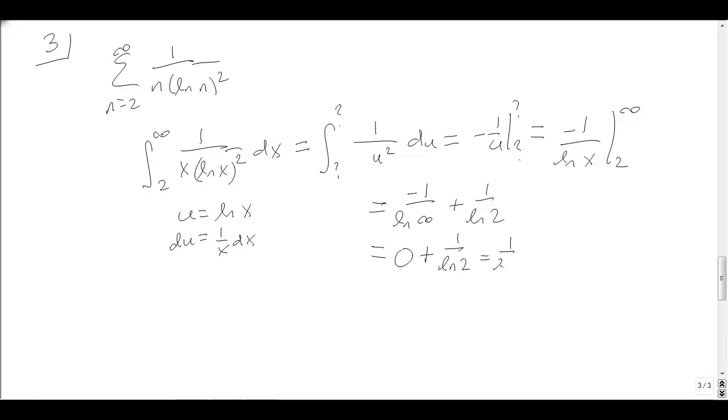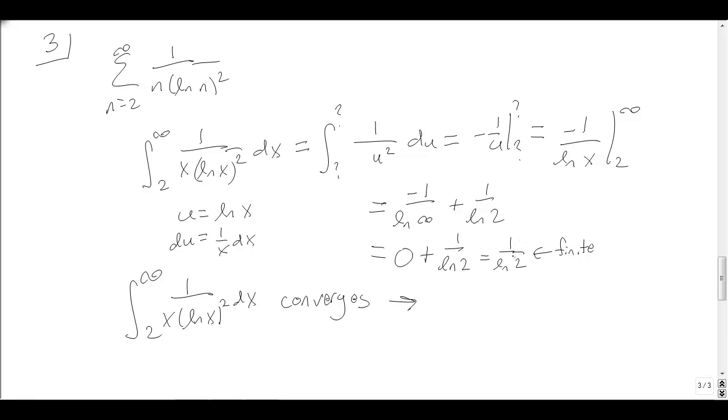So this whole thing is 1 over natural log 2. The key thing here is that this is finite. It did not go to infinity. And what that means is that the integral from 2 to infinity of 1 over x natural log x squared dx converges, because we got a finite value. This integral actually converges to 1 over natural log 2.